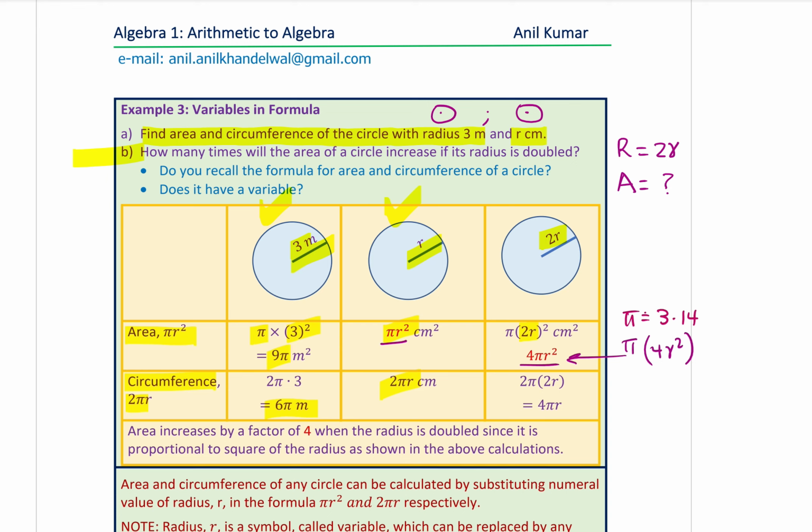From these two, we can relate what happens to area. Clearly, area becomes 4 times. Do you see that? The area becomes 4 times. So when you double the radius, the area is 4 times the earlier.